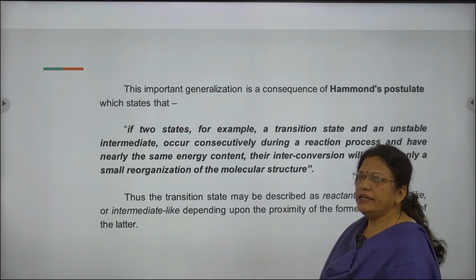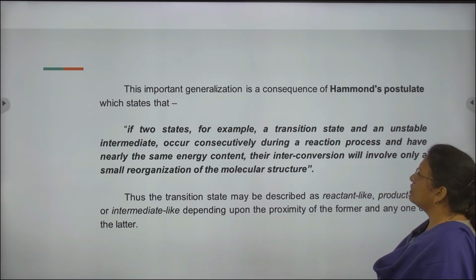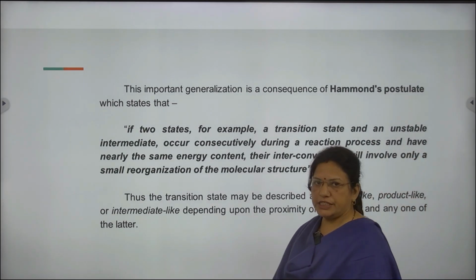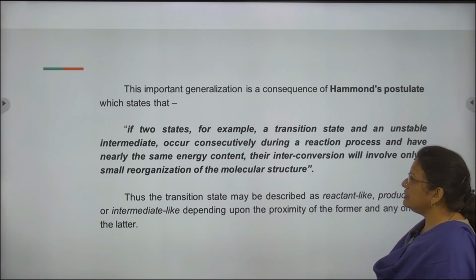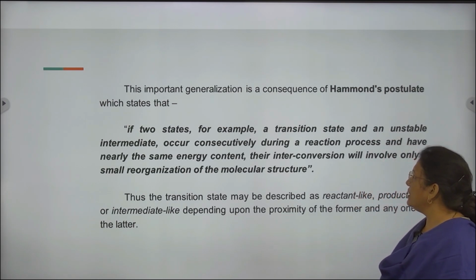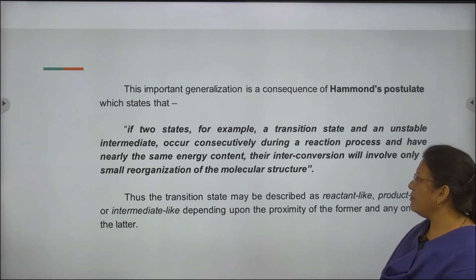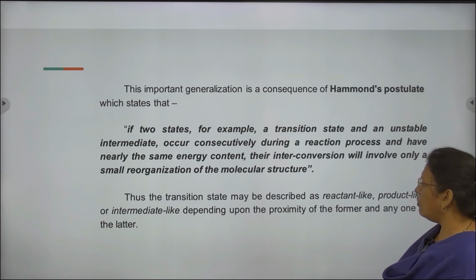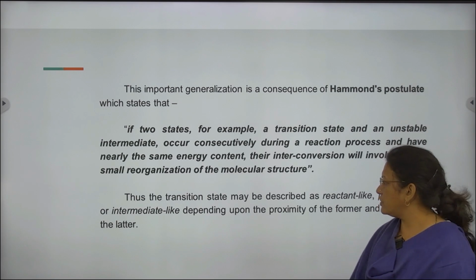This important generalization is a consequence of Hammond's postulate, which states that if two states, for example a transition state and an unstable intermediate, occur consecutively during a reaction process and have nearly the same energy content, their interconversion will involve only a small reorganization of the molecular structure.